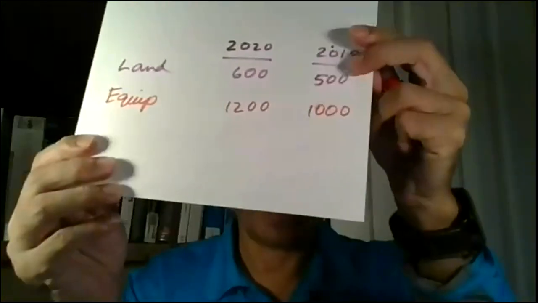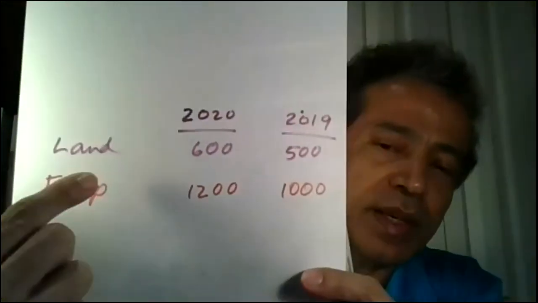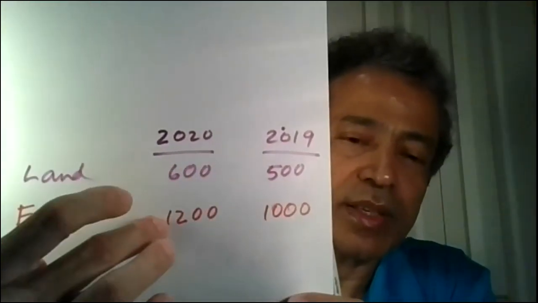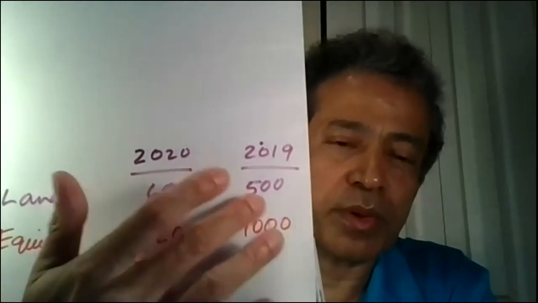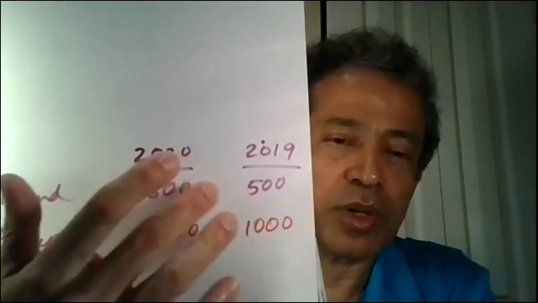Say your equipment balance last year was $1,000, and this year it was $1,200. So you can gauge that $200 worth of equipment has been acquired. But what if you sold some?